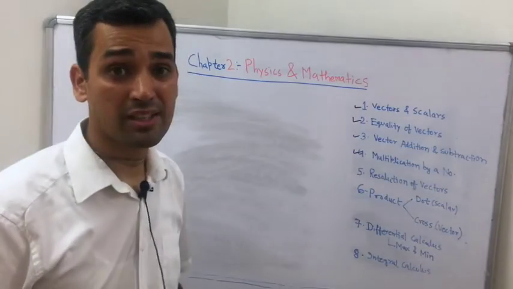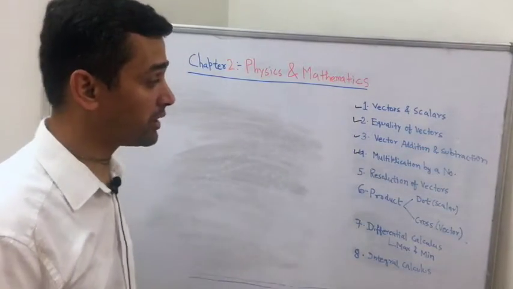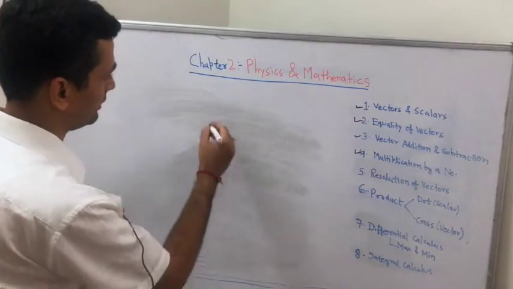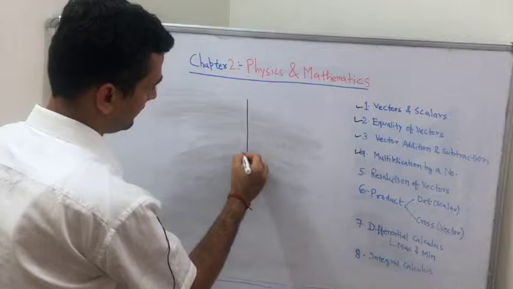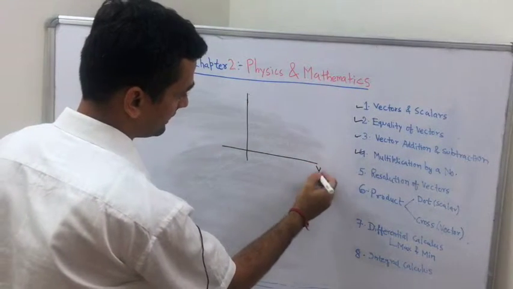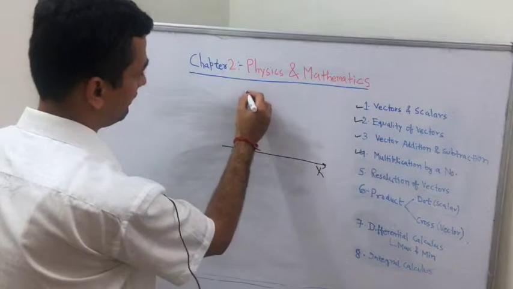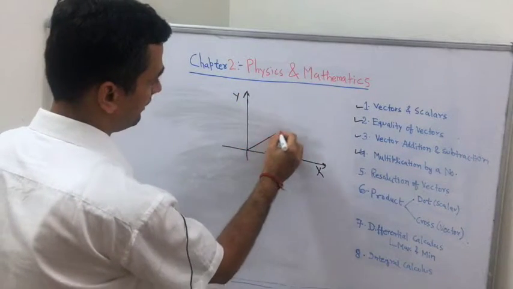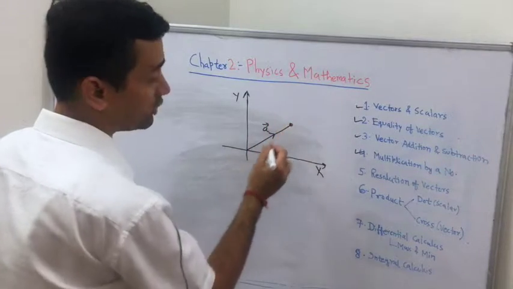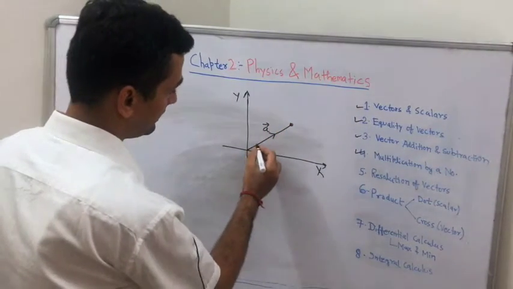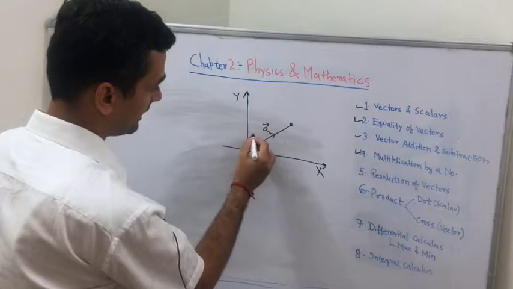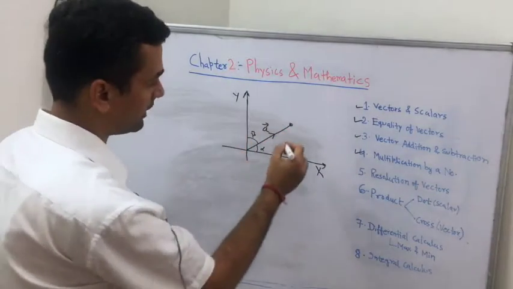Now let us move on to another very important topic of vectors, that is resolution of vectors. What does this mean? Let's say I have an x-axis here and a y-axis here, and I have a vector, a two-dimensional vector only on the xy plane, which makes an angle alpha with the x-axis and an angle beta with the y-axis.